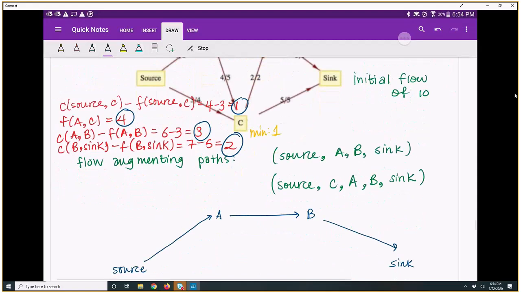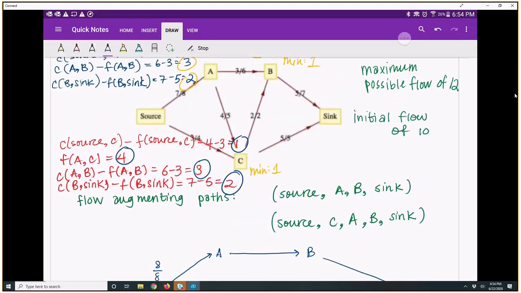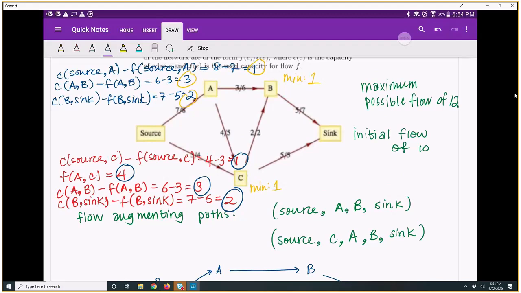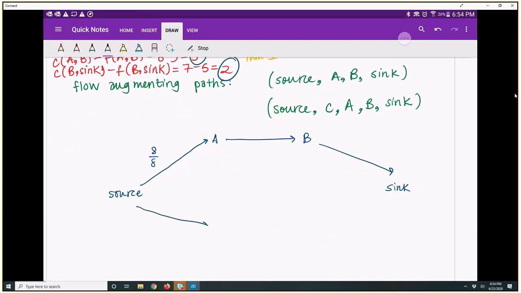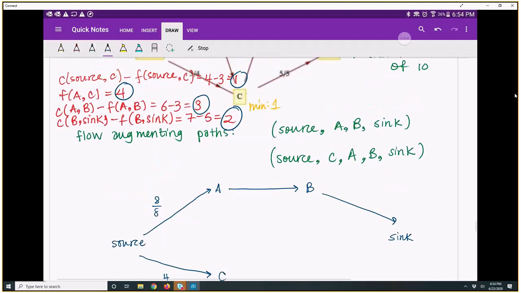I had 7 out of 8 already. I'm sending 1 more, so I'm going to make this 8 out of 8. Then my capacity from source to C was 4, and I already had 3, and I want to send 1 more, so I'm going to make this 4 out of 4. So I am operating at the maximum capacity.